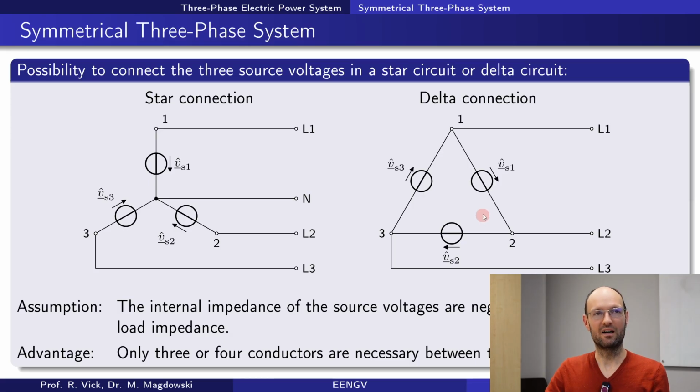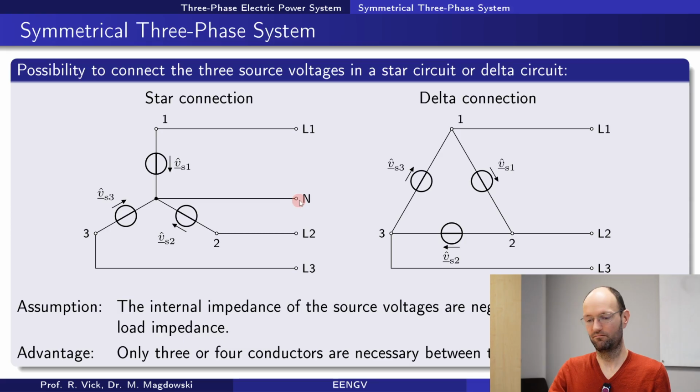So one advantage, because of this connection, this relationship of these 3 voltages, is that we only need 3 wires, or here in this case we might need 4 wires.